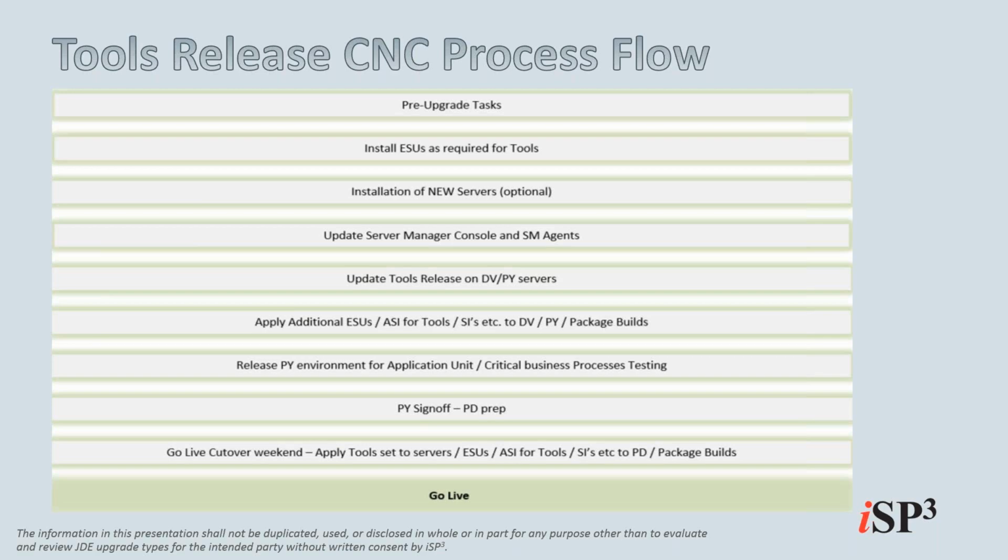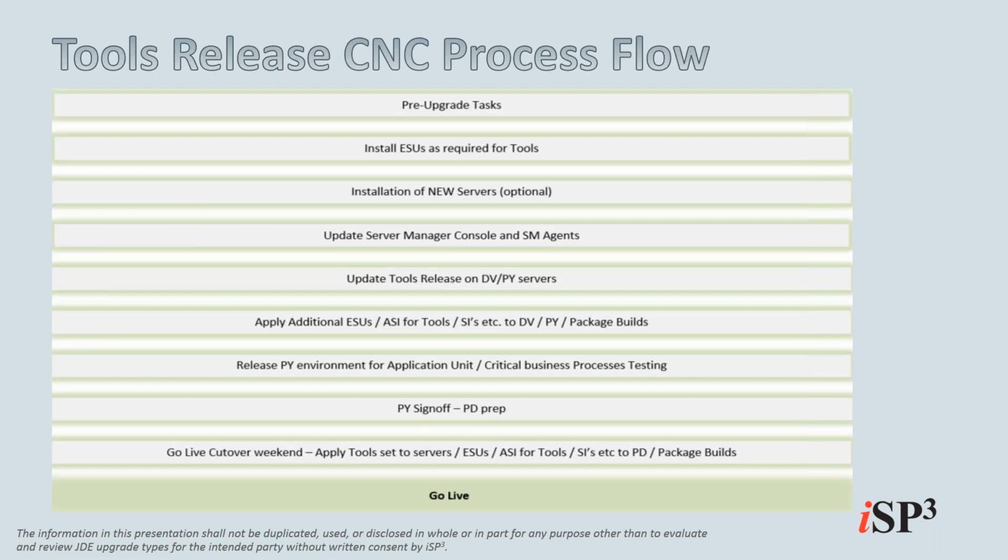You could get away with having a few ESUs here and there with the mandatory ones, but do you want to do that? Chances are high you're going to end up applying many ESUs after the tools has gone live, and it's recommended that you just attack it at the beginning versus the end. So that also means that you have to plan for that.